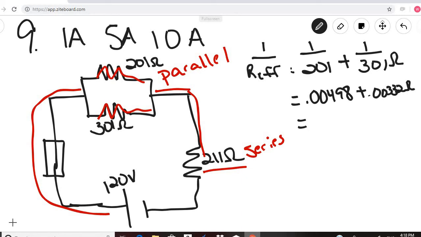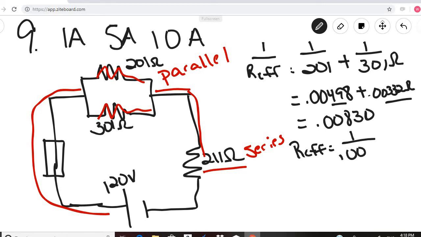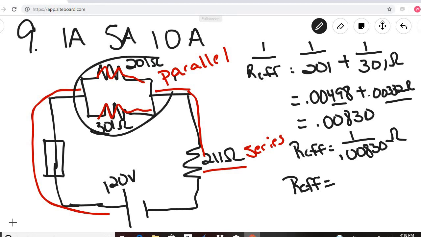So that is 0.00830 when you add those together. And I have 5 places beyond the decimal here and here, so I need 5 there. So then R effective is going to be equal to 1 over 0.00830 ohms.